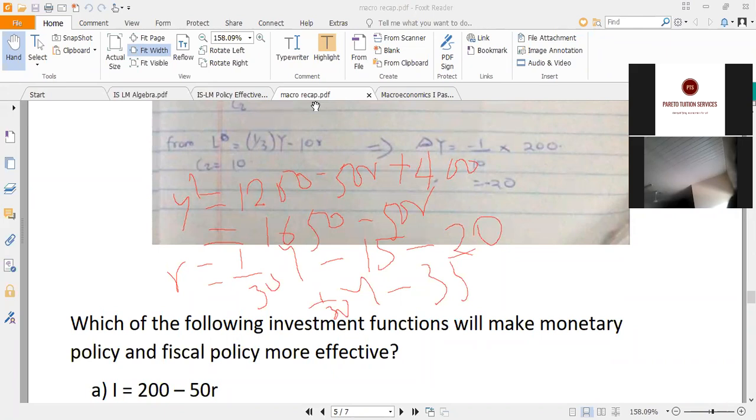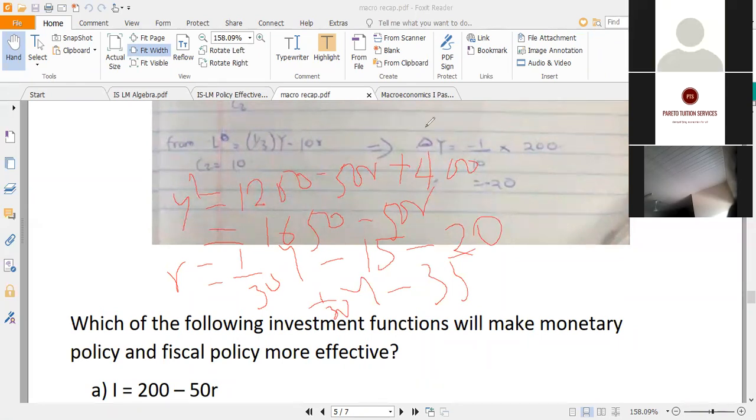Yes, Insha. Please, we want to ask why is it that for the C2 you use 10 instead of -10? Oh, we use the values, not the signs.